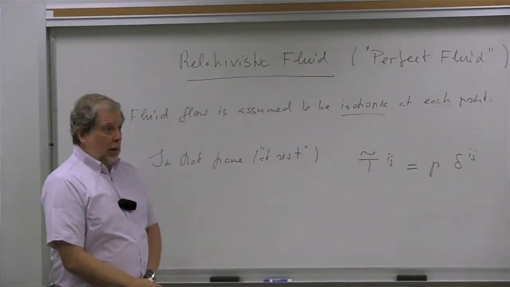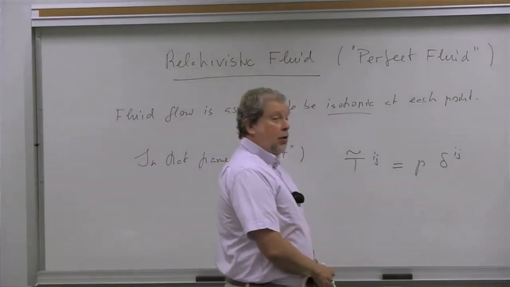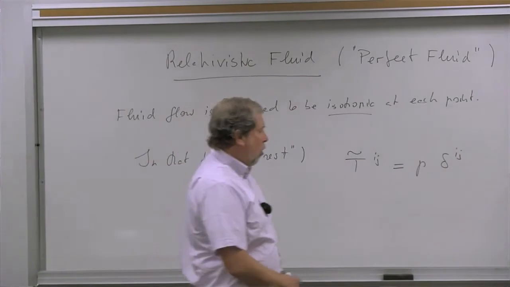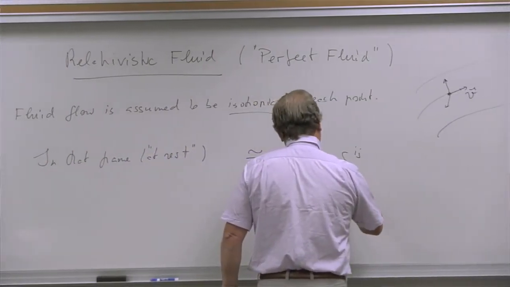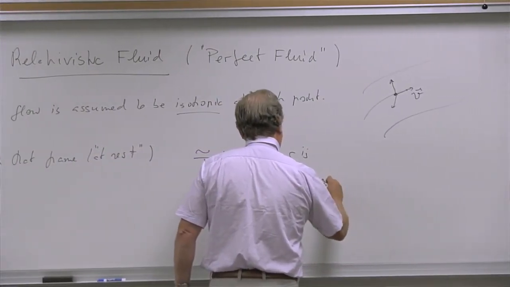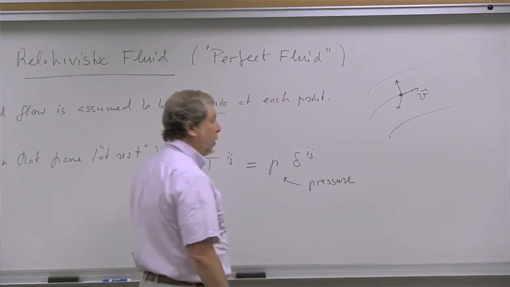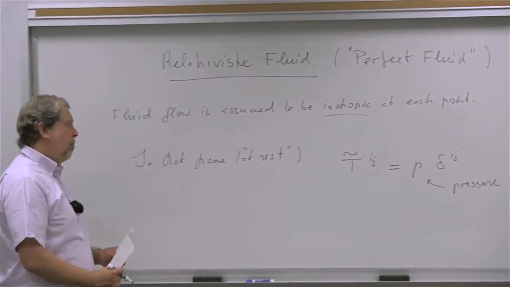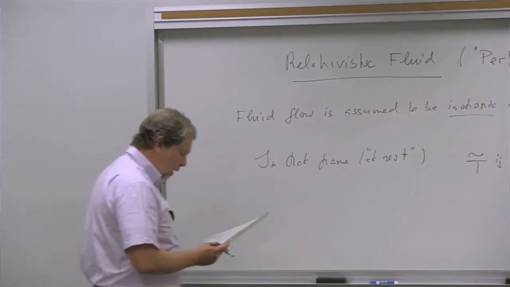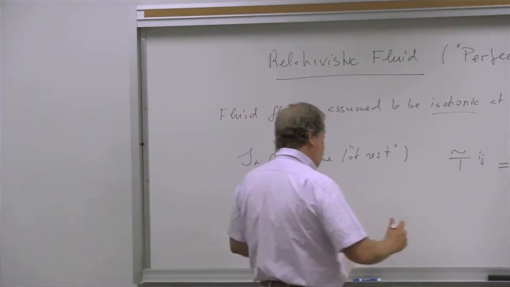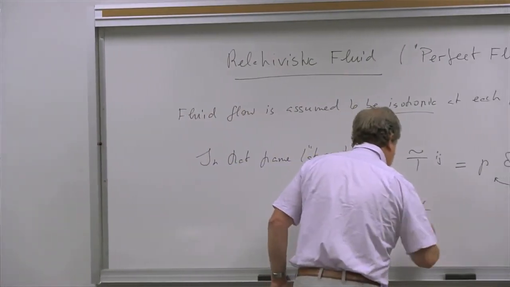So that is all the tensor structure you can have if it is isotropic, and P is the pressure at that point. So in general it would depend on the point, but here it is just a number that multiplies the delta ij.